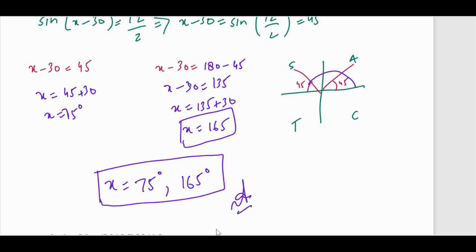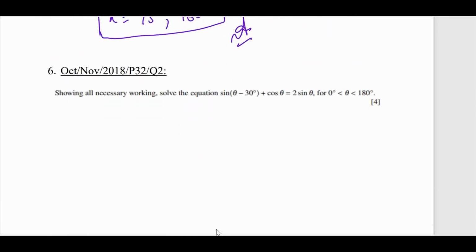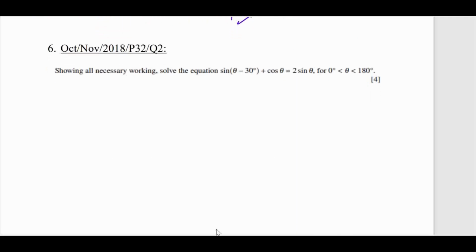Let's move to the next question. It is from October-November 2018, paper 3-2.